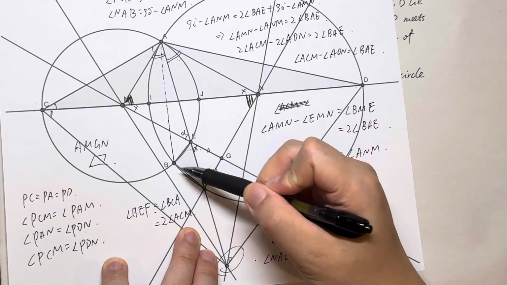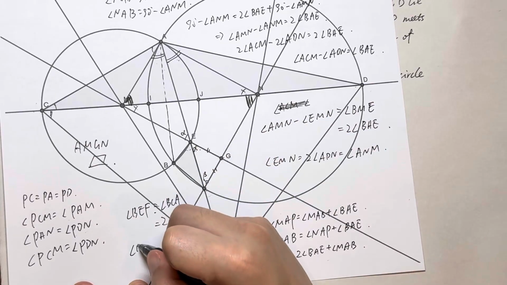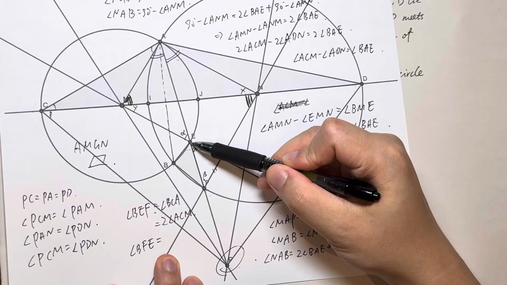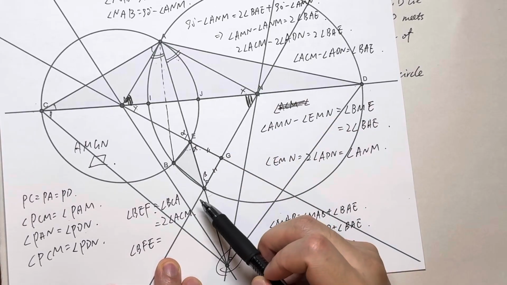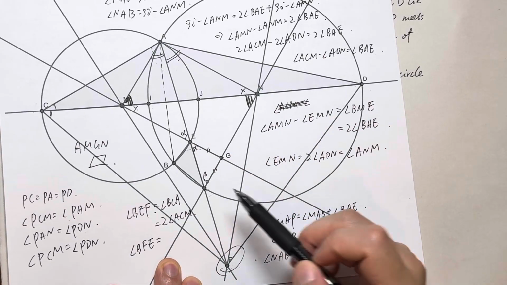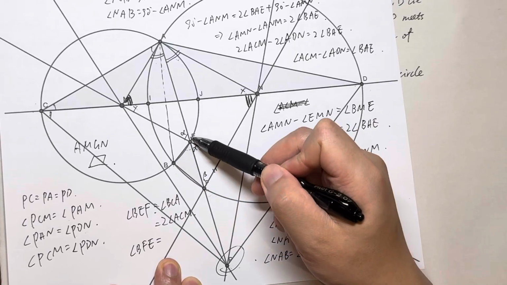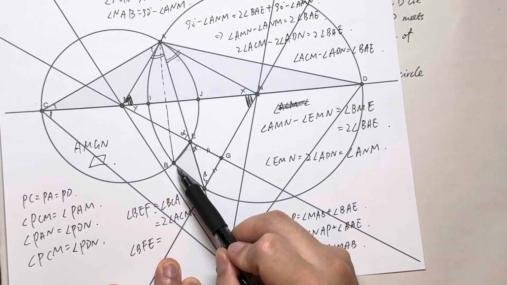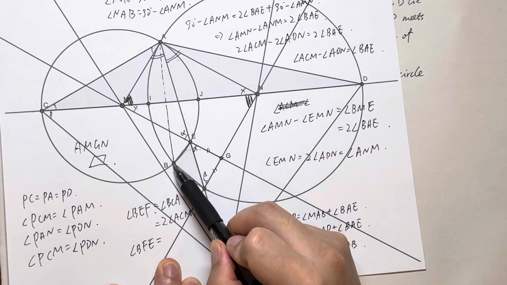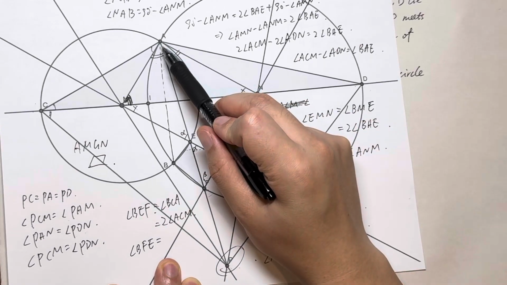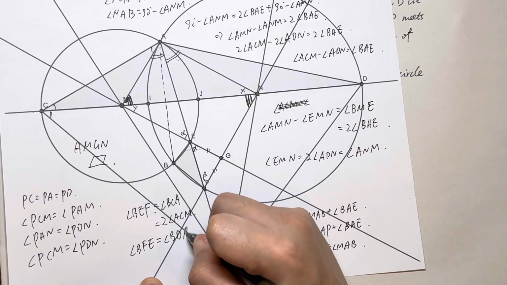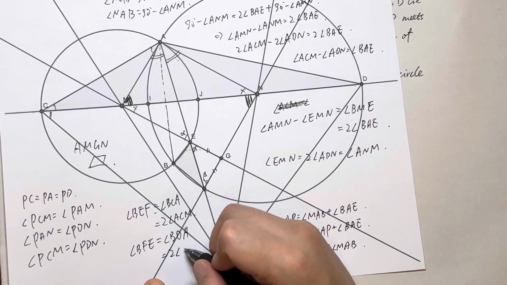And angle BFE equals angle BFA, which is angle BDA, which is twice of angle ADN.